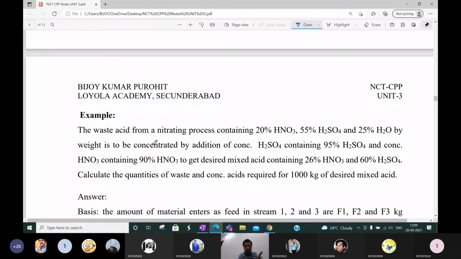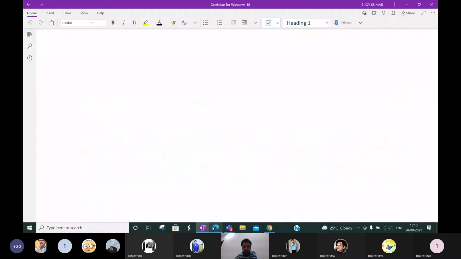In that process, some waste acid is coming. This waste acid contains 20% HNO3, 55% H2SO4 and 25% H2O by weight. It is given by weight.